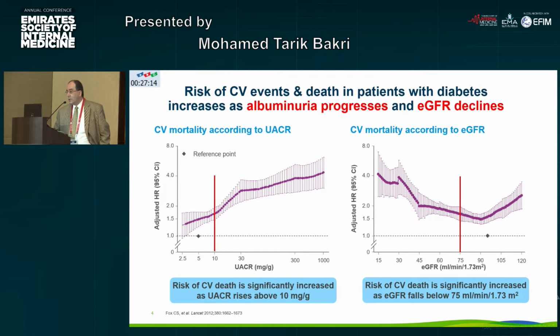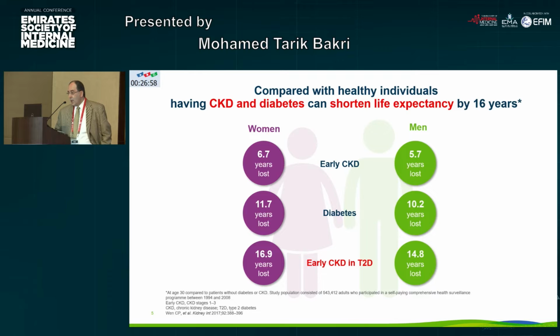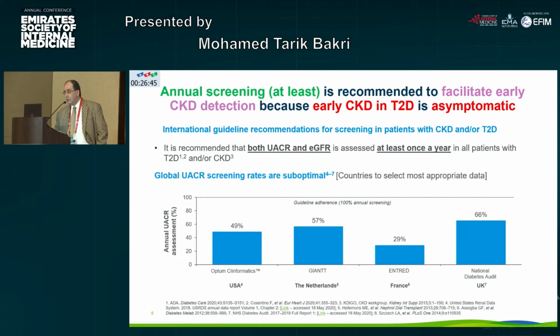Also for GFR, which comes a little bit later after the microalbuminuria or albuminuria, we can start seeing an increase in cardiovascular disease after a decline to lower than 65 GFR. We talked about the importance of it because it really shortened our diabetic patient's life by about 16 years compared with a patient without diabetes and CKD.